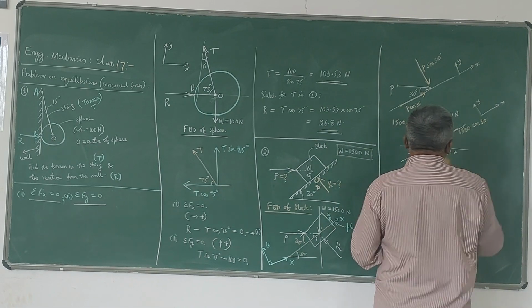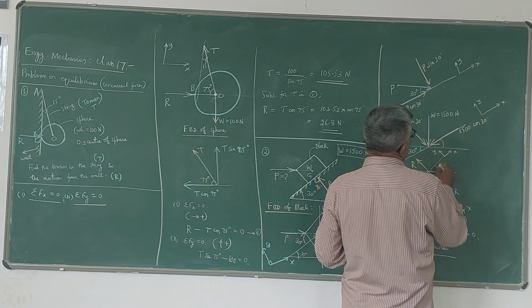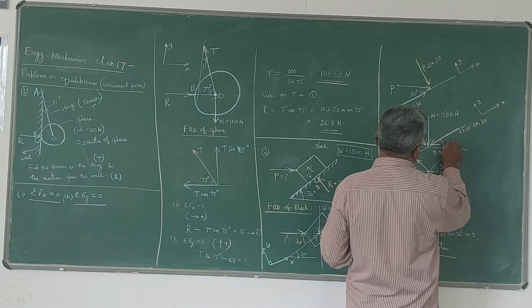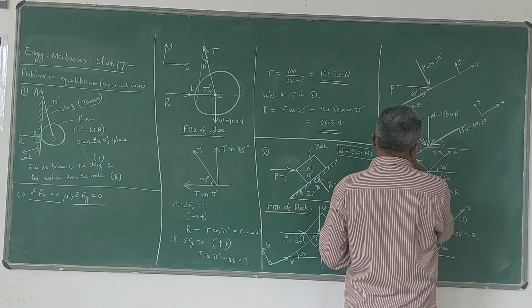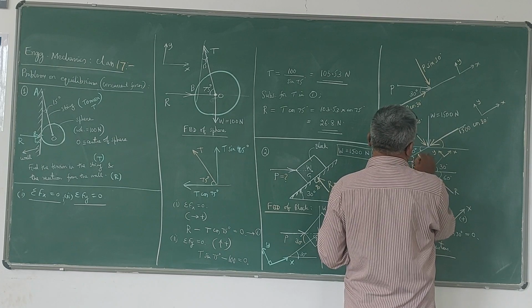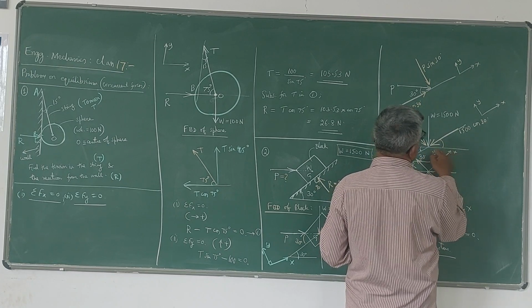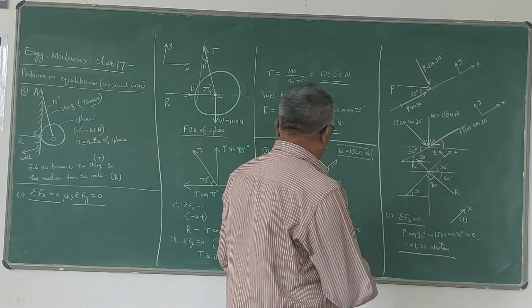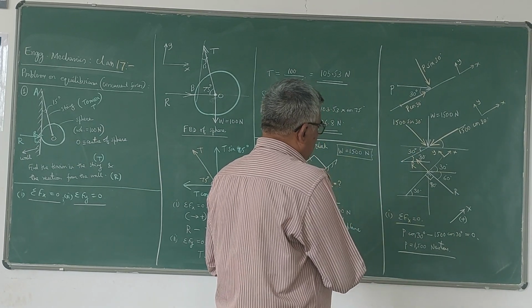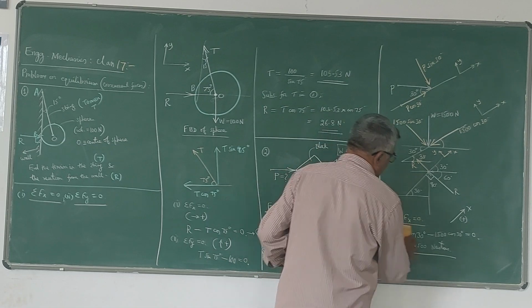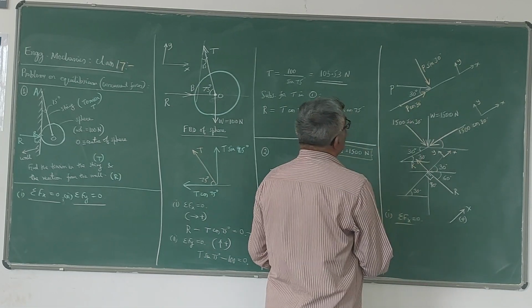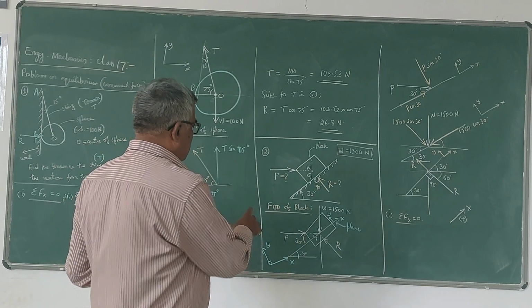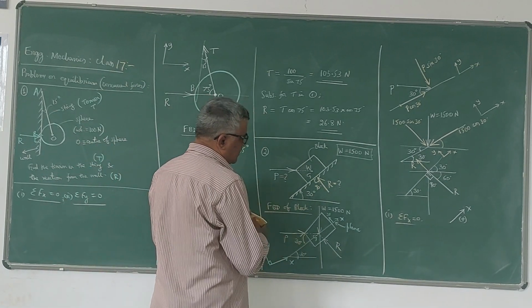This is taking an angle of 30 degrees to this, so cos 30 will come. This is R. So sigma Fx = 0, P cos 30. Is it correct?